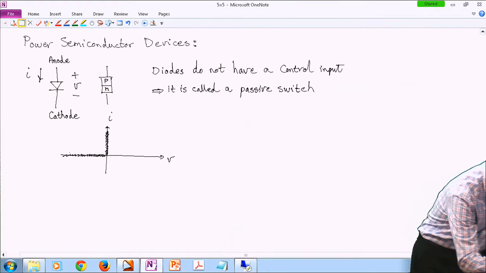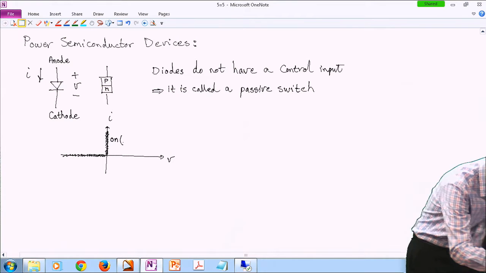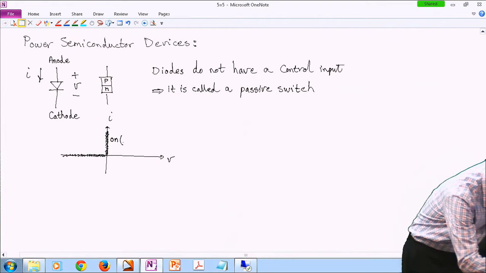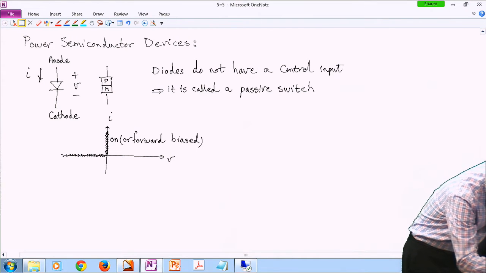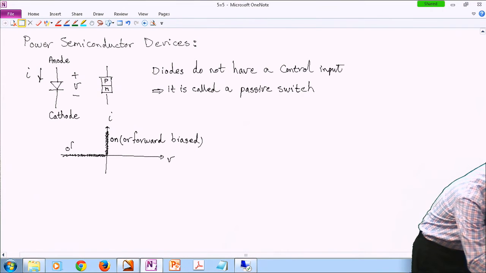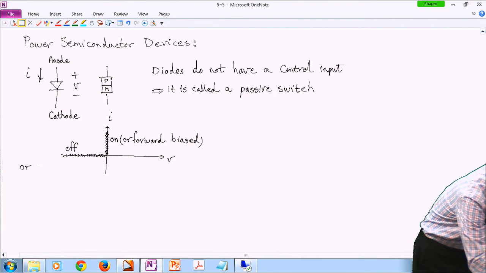All right, so here we say that the diode is on or it is forward biased. And in this area we would call it off or blocking, or reverse biased.